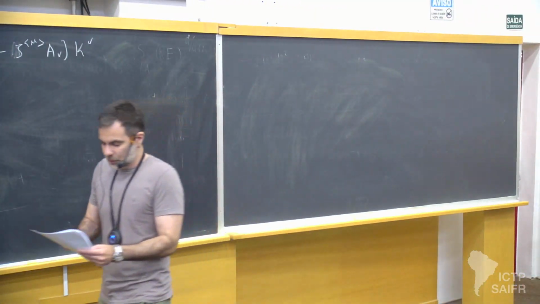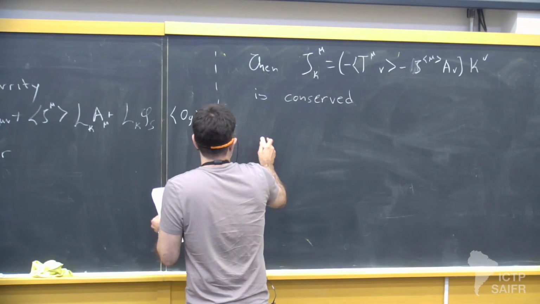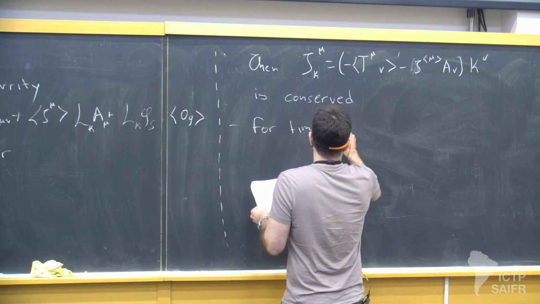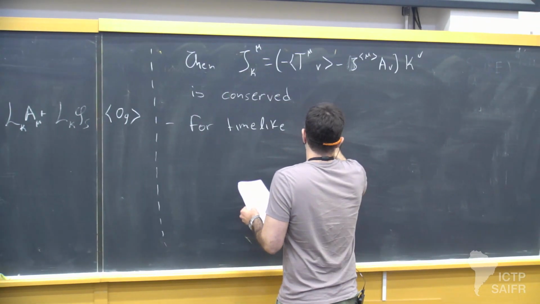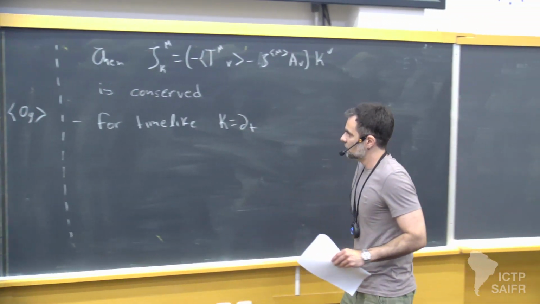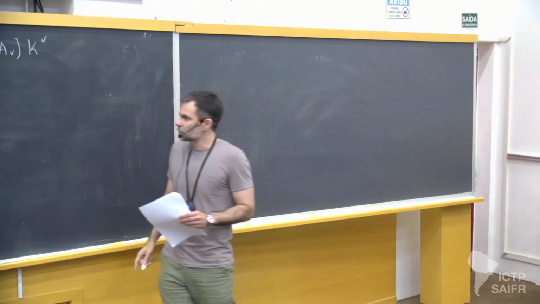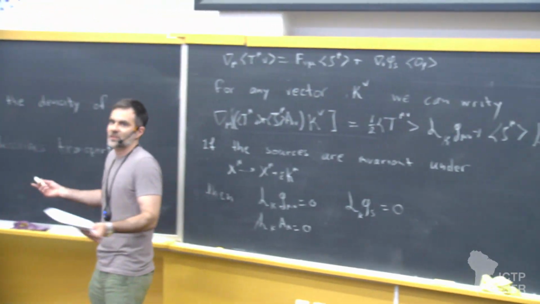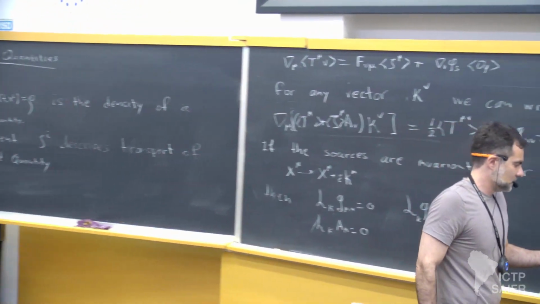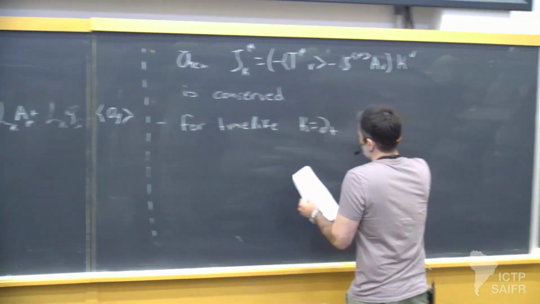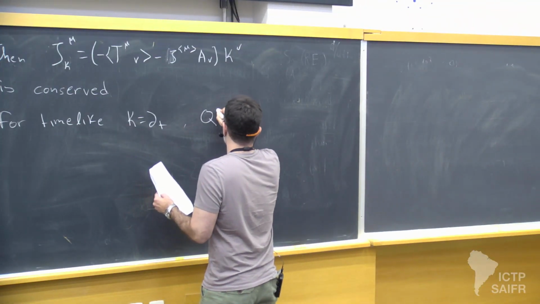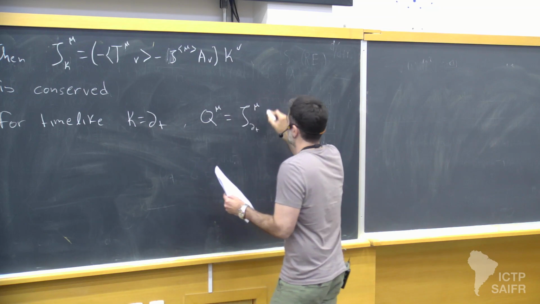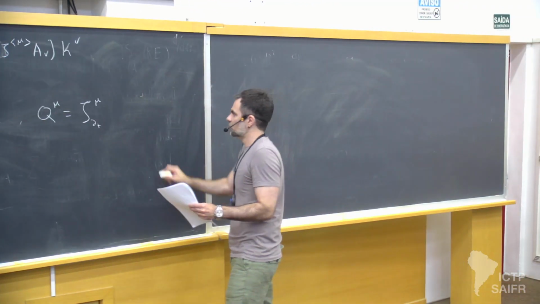So one of the conserved quantities that we are super interested in is for the time-like vector: if the generator of time translations is also a symmetry of the background, meaning just a static background, then I can define a conserved current. Let me call it Q^mu, which is the J that I can construct from partial_t. And this is called the heat current.